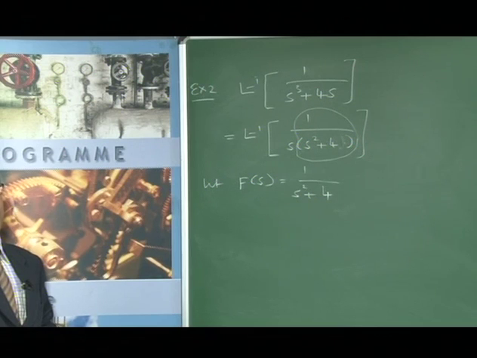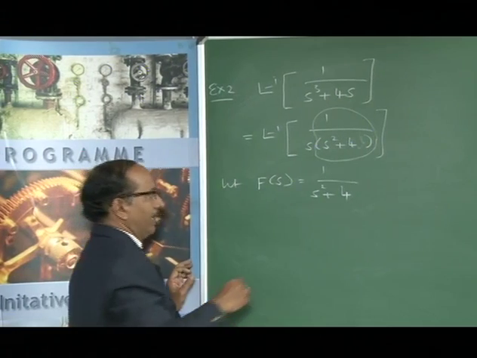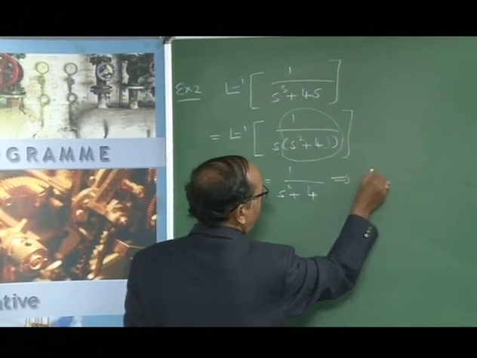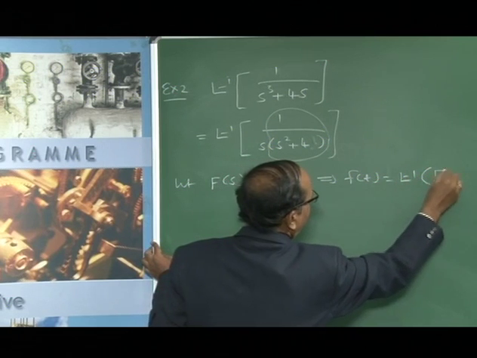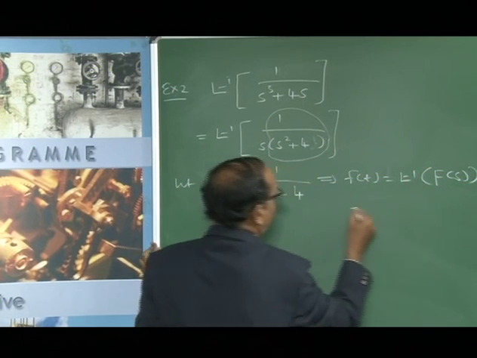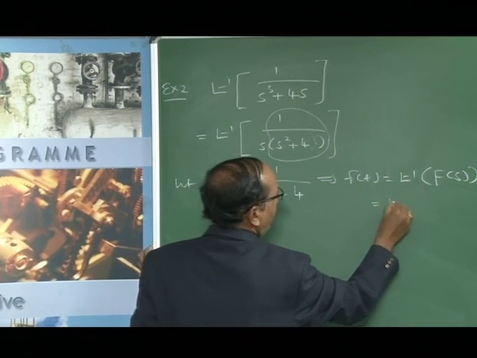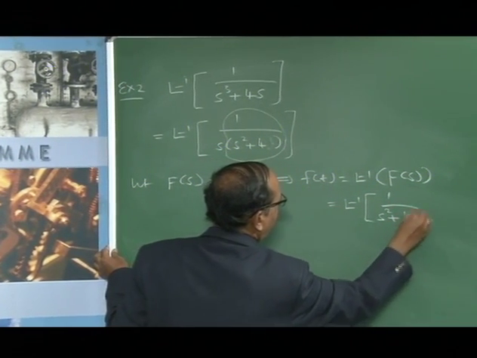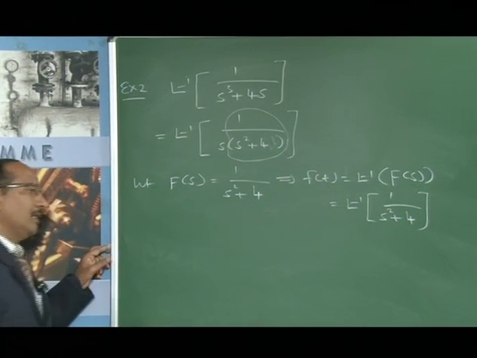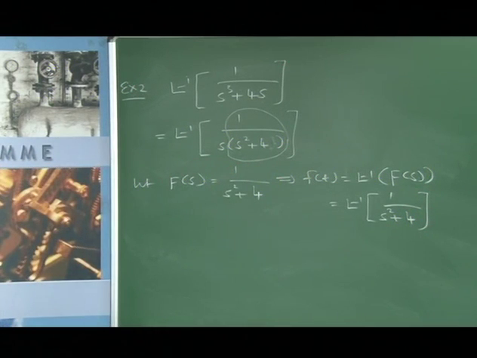If the inverse of that f of s is not known, we do not consider that f of s. So, for f of s I know the inverse. So, f of t is L inverse of f of s, that is L inverse of 1 divided by s square plus 4. That is compared with the standard one, that is similar to the sin at form.